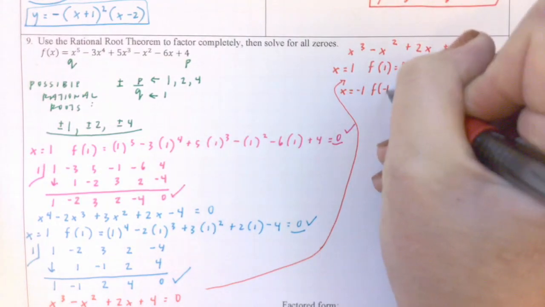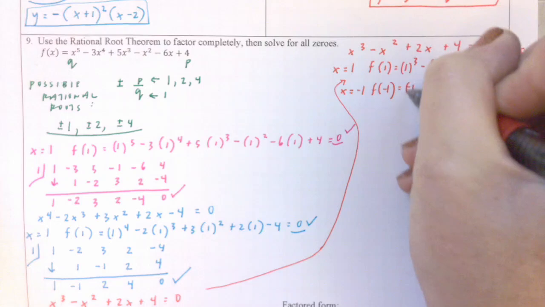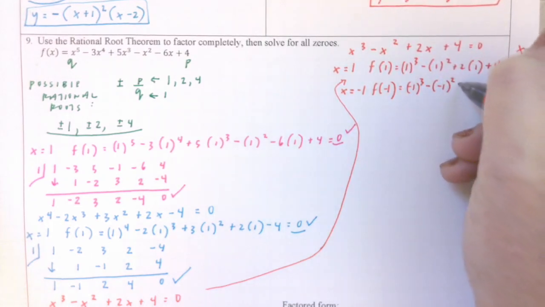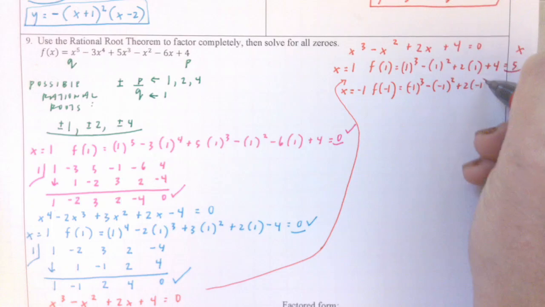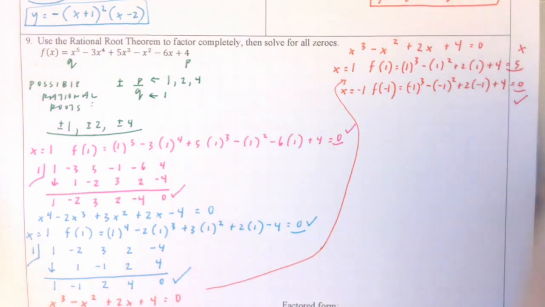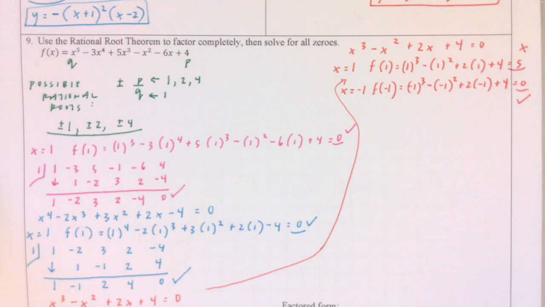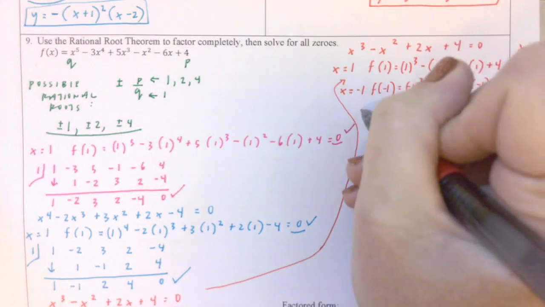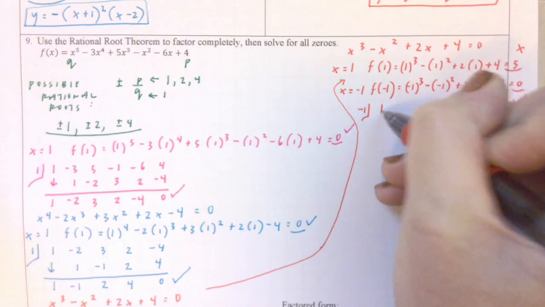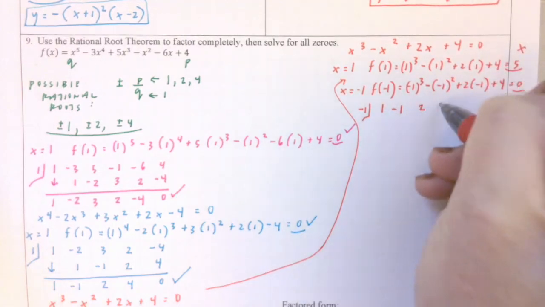So f of negative 1, so negative 1 cubed minus negative 1 squared, 2 times negative 1 plus 4. This will output to 0. So good, we found another solution. Now we divide it out. So I'm dividing it from here. So 1, negative 1, 2, and 4.